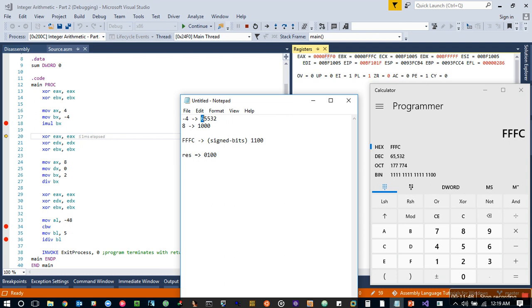Minus 4 is stored like this, and 8 is stored like this. So 8 is actually 8. I'll remove it for simplification.